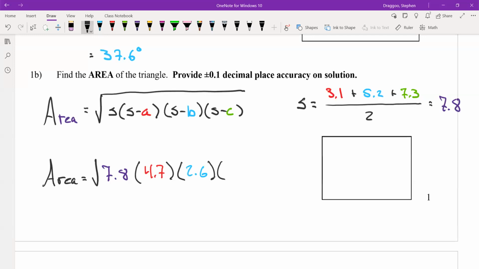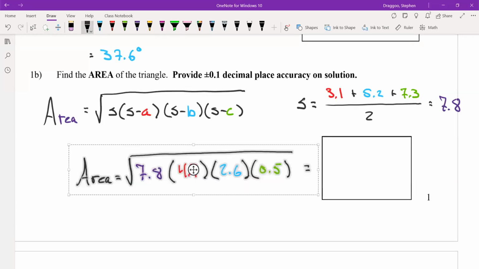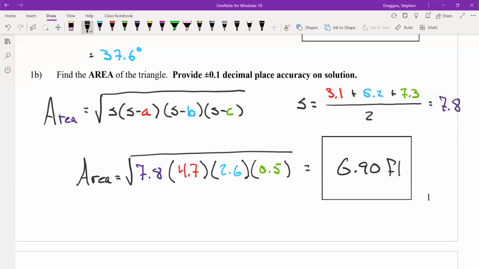And 7.8 minus 7.3 is 0.5. Plug all that into a calculator. I got 6.90. And that should be in square feet, since each of our lengths were measured in feet.